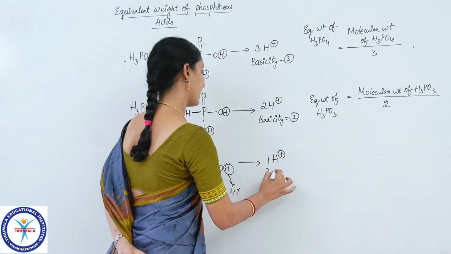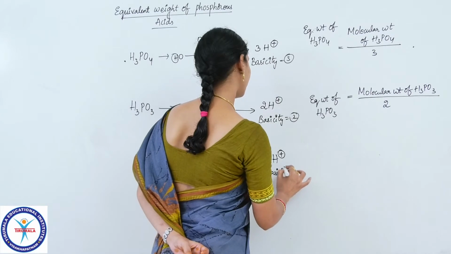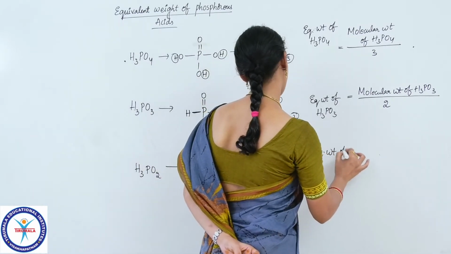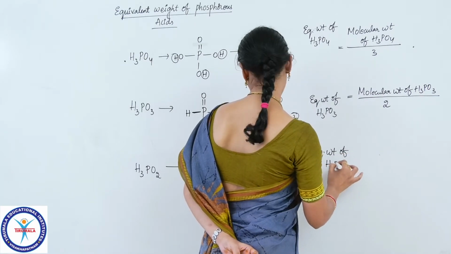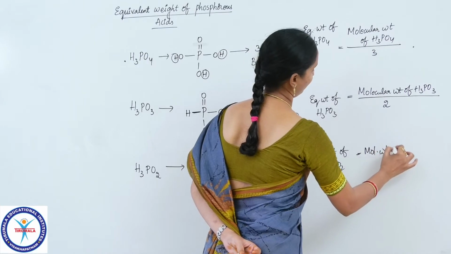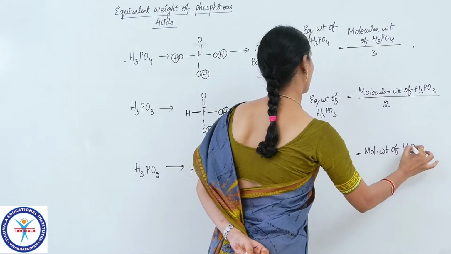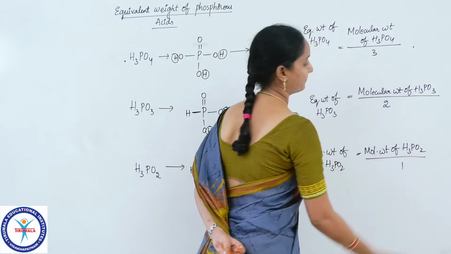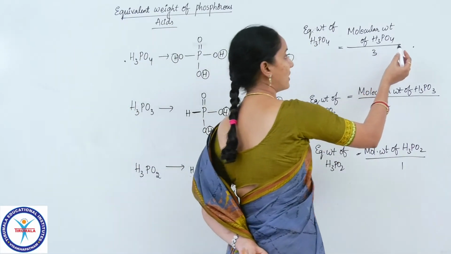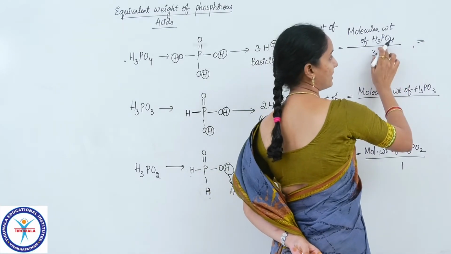So its basicity value is 1, children. Now to calculate the equivalent weight of H3PO2, you calculate the molecular weight of H3PO2 upon 1.